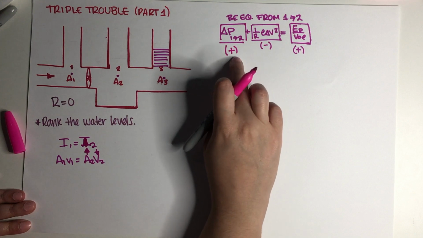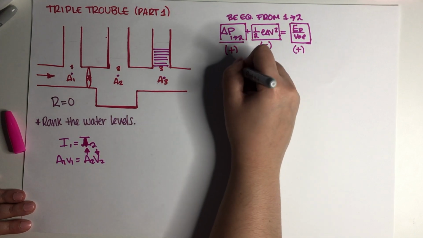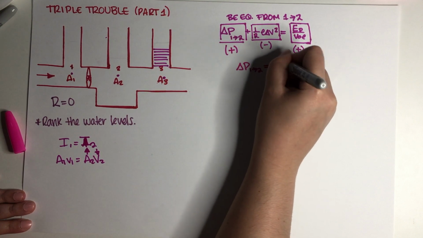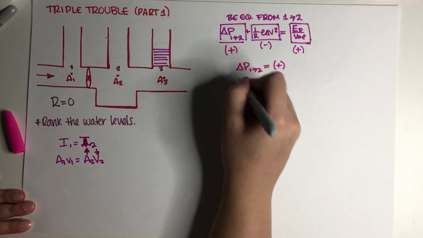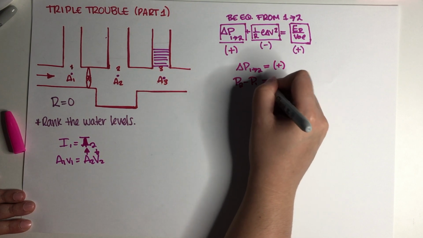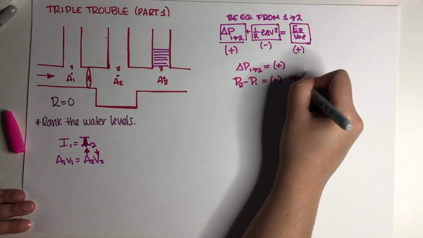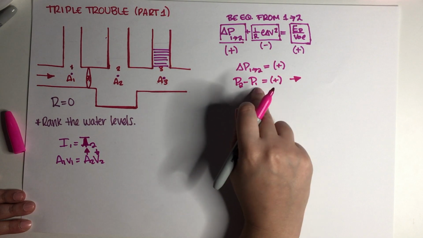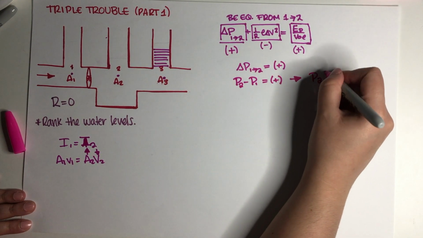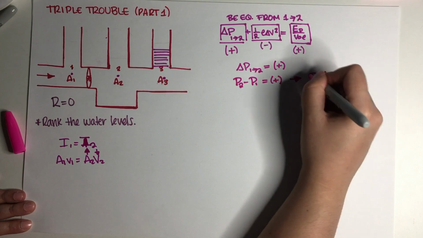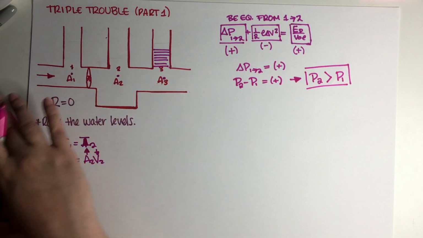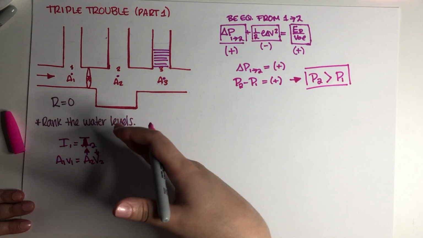Now if delta P from 1 to 2 is equal to a positive number, then delta P by definition is final minus initial, so 2 minus 1 is equal to a positive number. That means that the pressure at 2 is higher than the pressure at 1. So the water column at 2 has to be greater than the water column at 1.